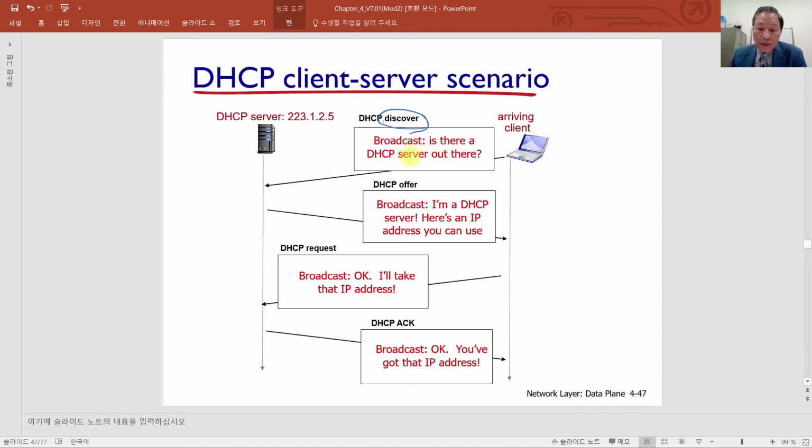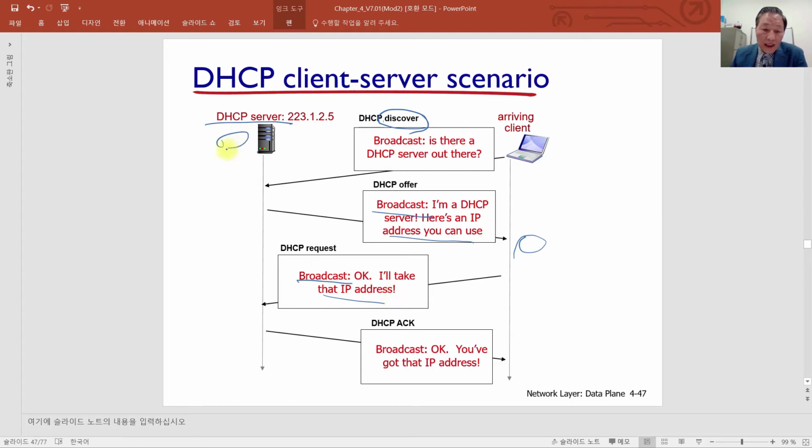It broadcasts: is there a DHCP server out there? If there is any DHCP server, it responds by broadcasting: I am a DHCP server here, and here is an IP address you can use. Then the client broadcasts: okay, I will take that IP address.